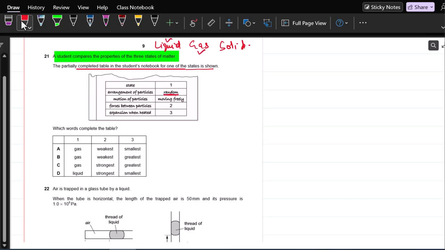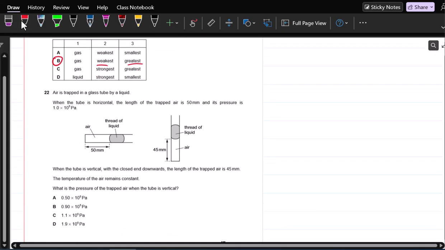Let's see. Motion of particles is moving freely, so it means it is gas. So the state is gas. Forces between particles will be weak. Expansion when heated will be strong. So this is possible. Which word completes the table? So it is going to be B option. Gas, weakest and greatest. Simple question.